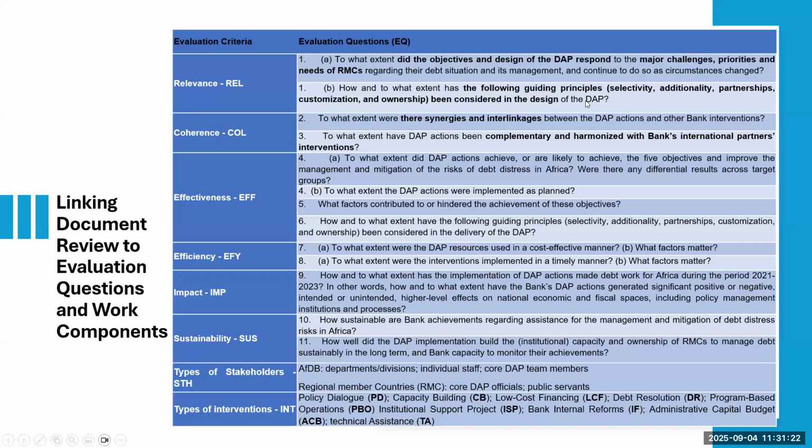Now the code can be, for example, what's suggested in the code book. You may have challenges. In reading the document, you may find a major challenge that an RMC faces. Then you will code that segment of text as major challenges. So this is how we link the code to the question and to the criteria.